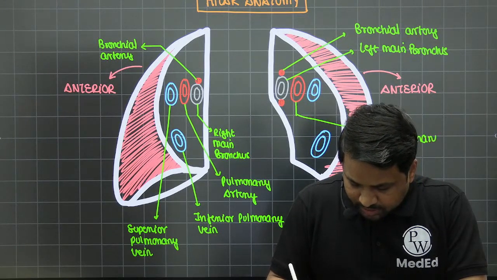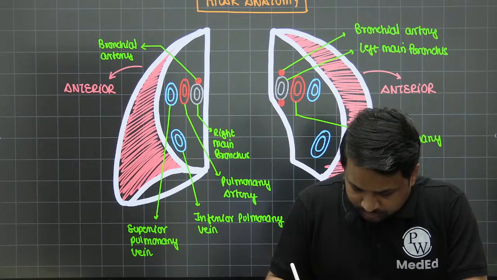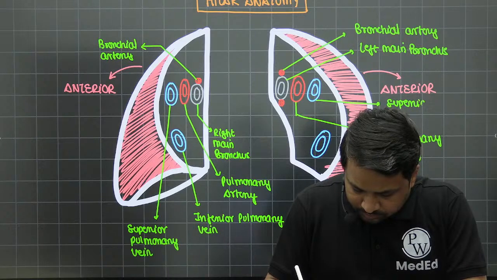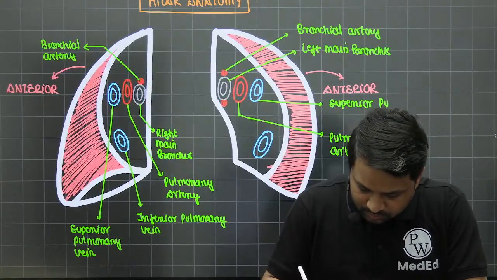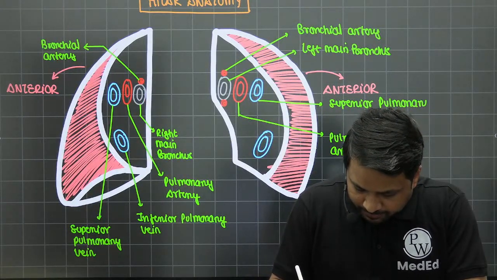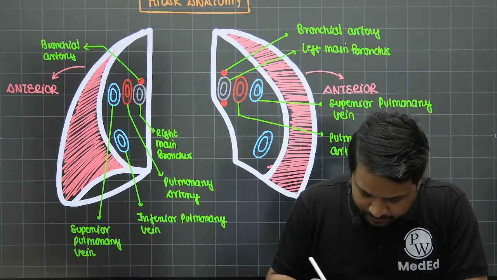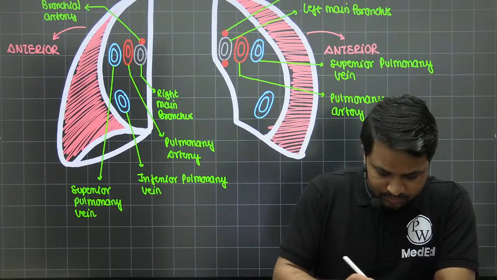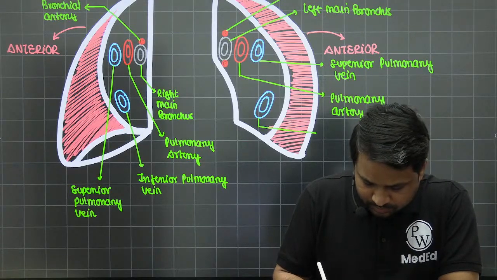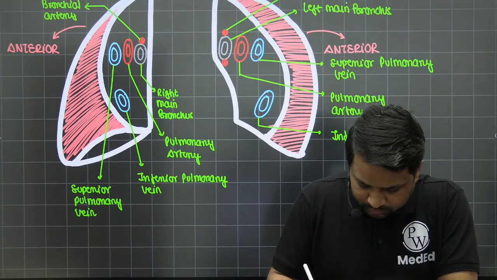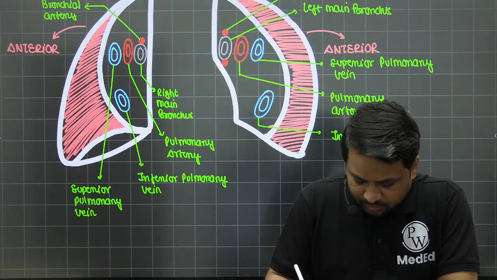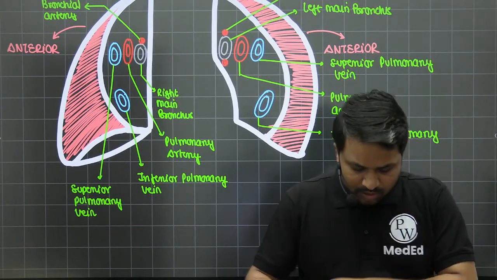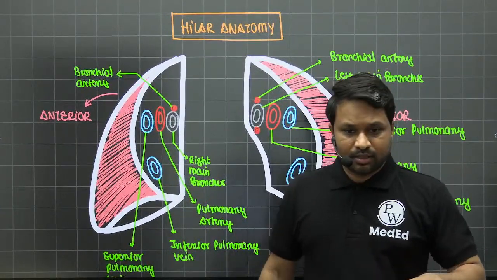This is your superior pulmonary vein. And this happens to be your inferior pulmonary vein, right? So these are the hilar structures.